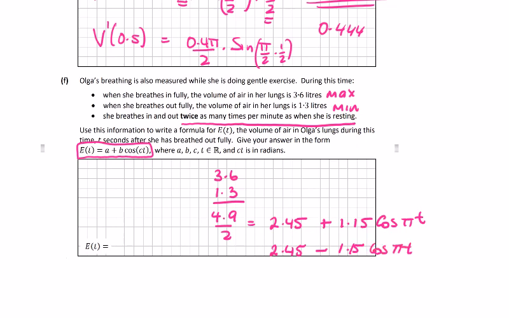So one of these is fully correct, and it's going to be this one here, because we can add 1.15 with the maximum value of cos being plus or minus 1, and we can take them away. So I think it's this one here, 2.45 plus 1.15 cos pi t is my answer here. I think that's all they're looking for.